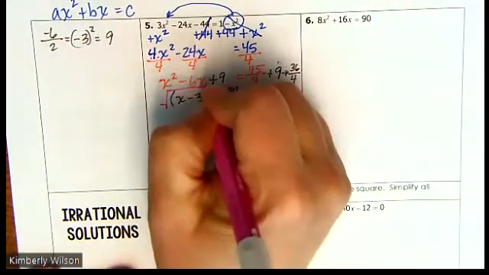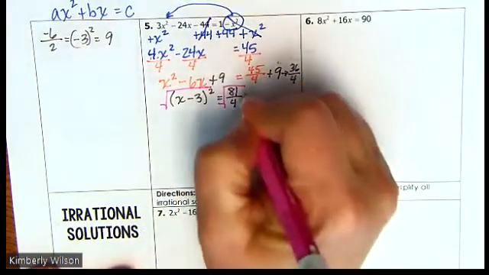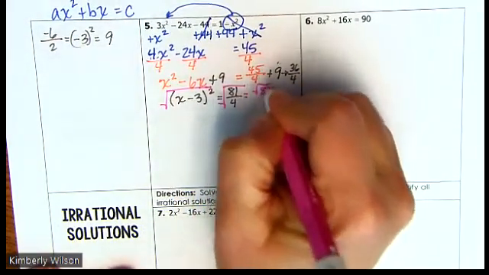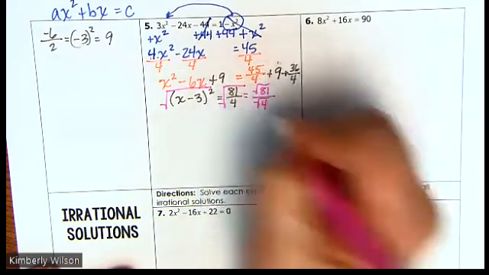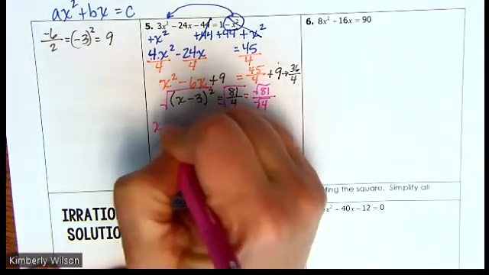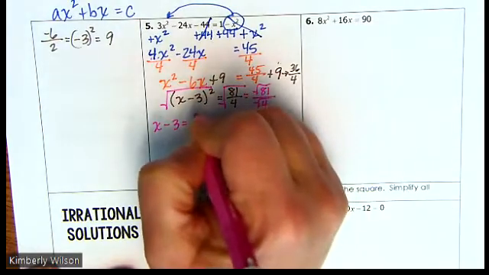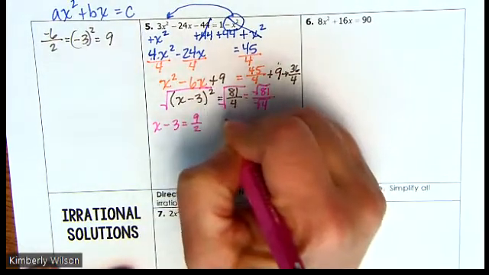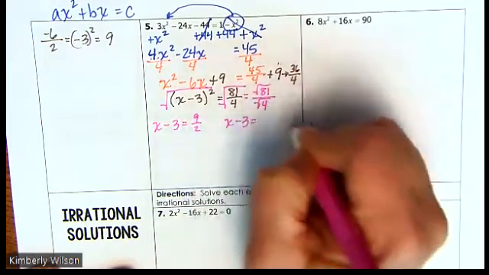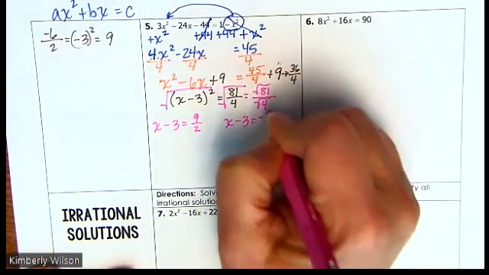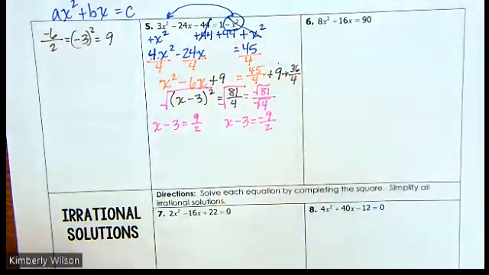We take the square root of each side, which means I'm doing the square root of 81 over the square root of 4. So I end up with x minus 3 equals 9/2, and x minus 3 equals -9/2.